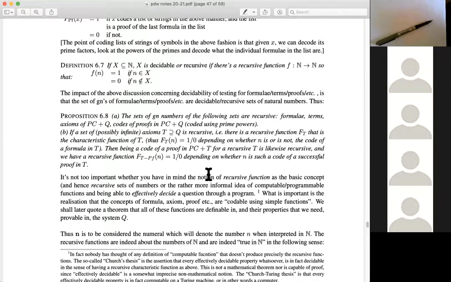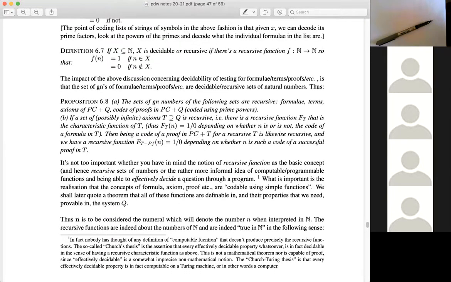So the footnote here at the bottom is saying, well, actually, nobody's managed to think of a definition of a computable function that doesn't produce precisely the recursive functions. And so the assertion that every computable function is a recursive function is essentially the Church-Turing thesis.